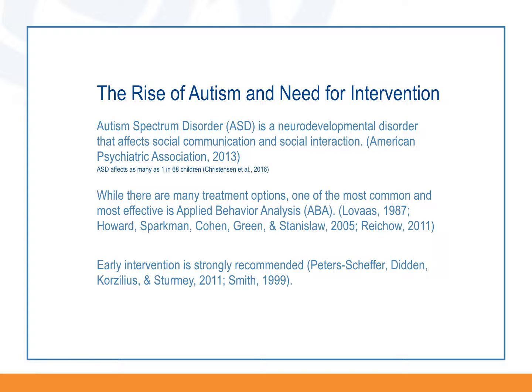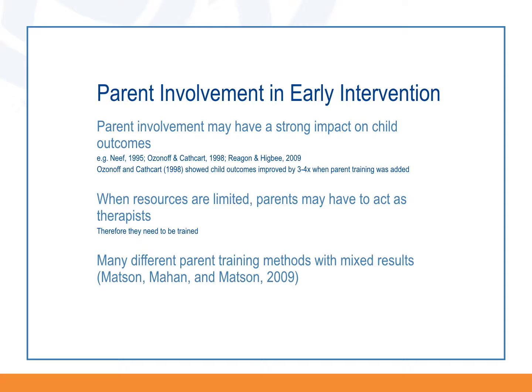And not just using ABA, but early intervention in particular is very strongly recommended and has shown the most positive outcomes. A component of early intervention is the level of parent involvement. A number of studies, Neef, Ozonoff, and Cathcart, have shown that parent involvement has a strong impact on child outcomes.